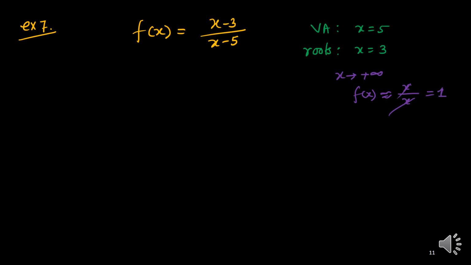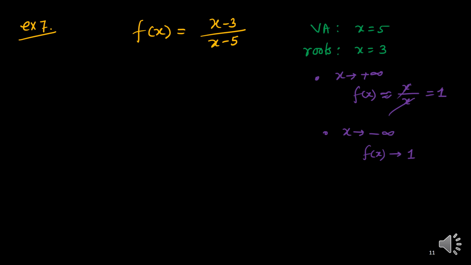So the ratio will become almost 1. Means f of x is approaching to 1. Okay, not 0. Be careful. Very similarly, when x is approaching to minus infinity, then also f of x is approaching to 1 because they will cancel each other. 3 and minus 5, minus 3, minus 5, these two I can ignore. So that I should keep in mind.